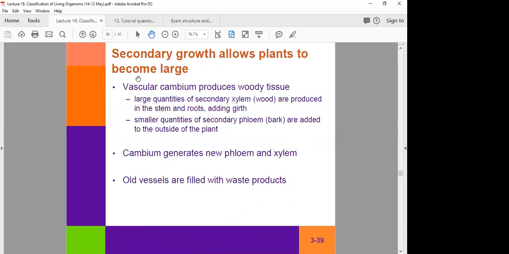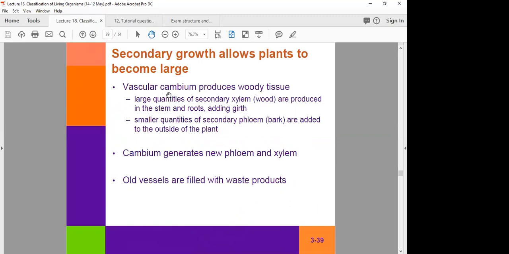You'll also remember from a previous lecture that we looked at the concept of secondary growth, and it's this type of growth that allows plants to become very large. And you might recall we talked about the vascular cambium, this additional region of meristematic cells.